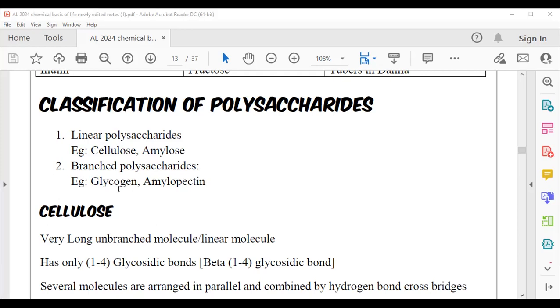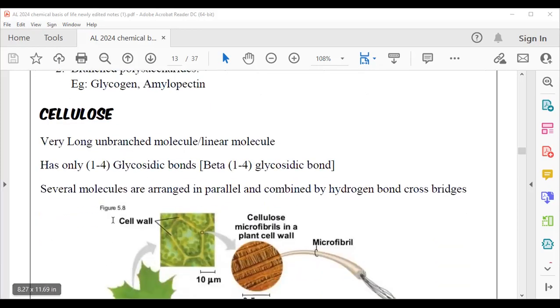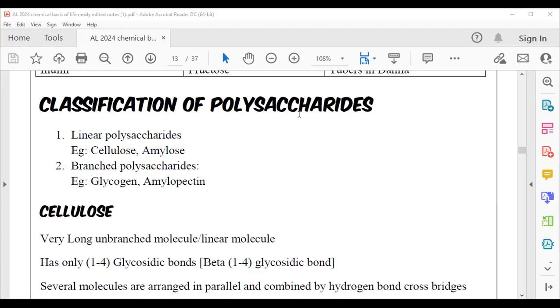If you like, you can mark it here. Linear polysaccharides have which glycosidic bond? 1,4-glycosidic bond. Branched polysaccharides have 1,4 and 1,6-glycosidic bond.